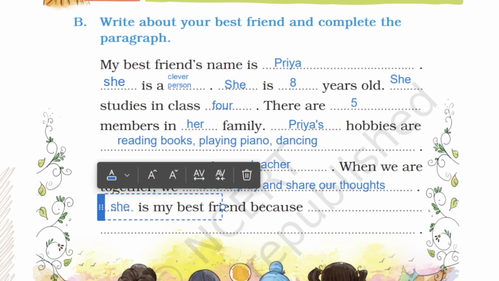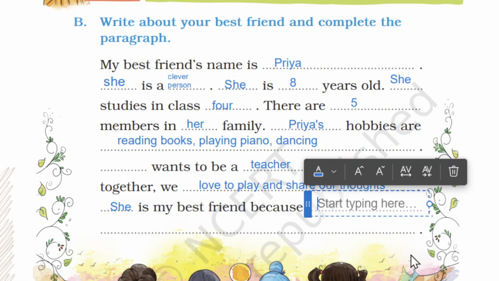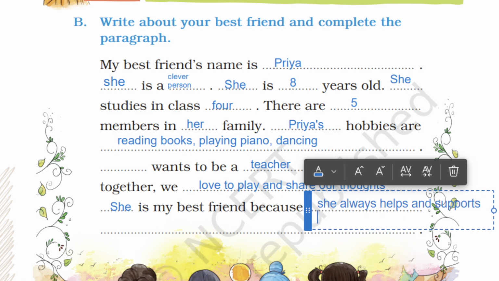She is my best friend because she always helps and supports me when I am down. Down means when I am feeling weak.